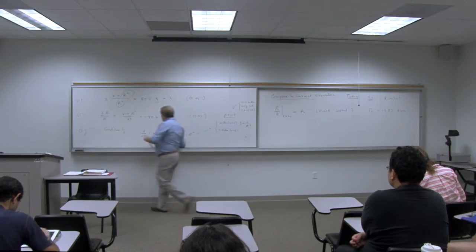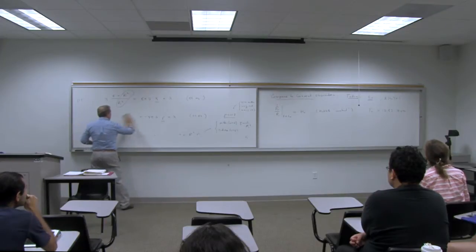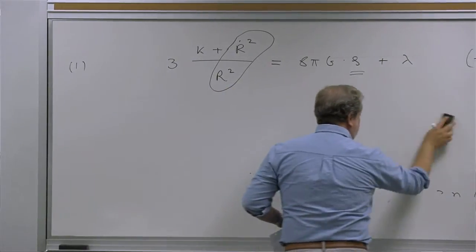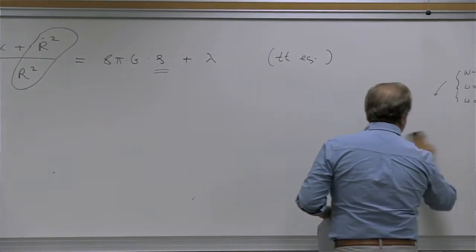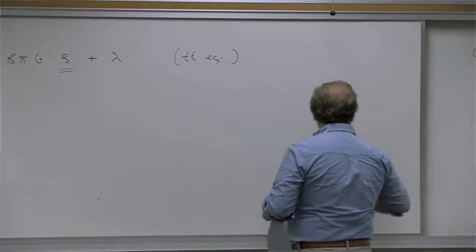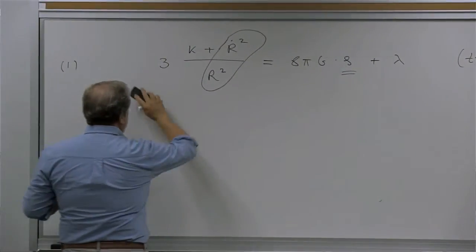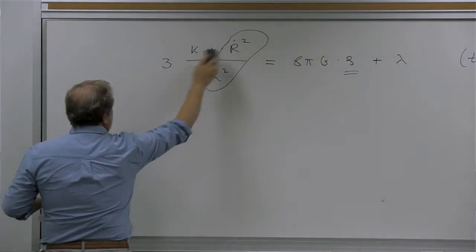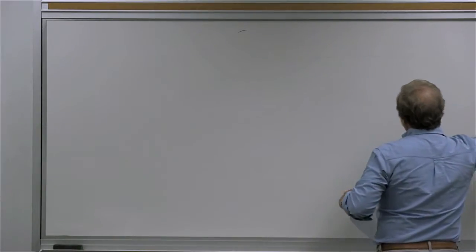So we now go back to equation 1. Remember, we only have 2 independent equations. And so we go back to the first equation, which involves this combination r dot over r. And so we're going to rewrite it by isolating the Hubble term, r dot over r squared.